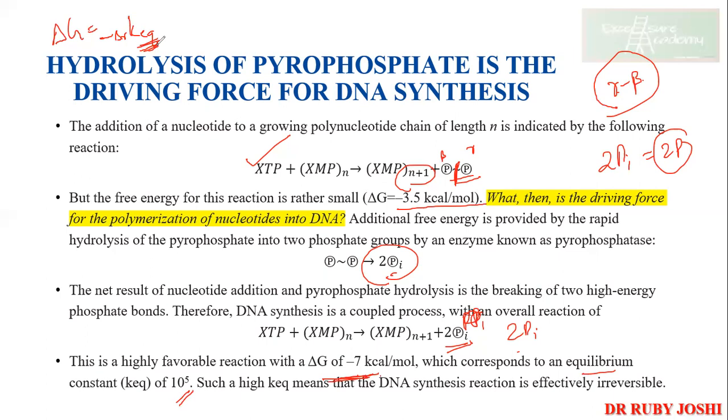So it is not possible for the enzymes to break it immediately, and we have different enzymes to do this reaction. That's why DNA is very stable. You can just take it out from the plant leaf and keep it at room temperature. It is going to be stable. It will not get spoiled at all unless you add DNases, the enzymes that break down the DNA, and that's why it is very stable, irreversible.